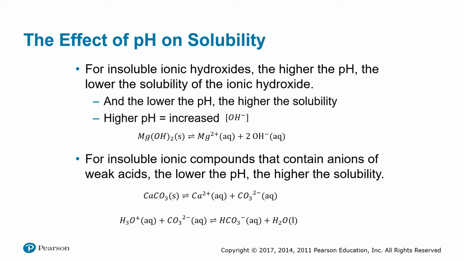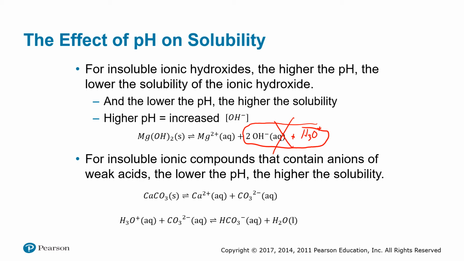And so for insoluble hydroxides, a lower pH means there's a lot more hydroniums around. As the salt dissociates in solution, those hydroniums are constantly reacting with the hydroxide and canceling them out. This effectively is removing products from the reaction.